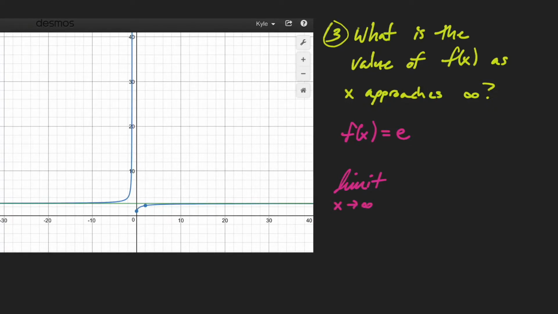This is the notation, saying the limit as x approaches infinity. And here you just write in your function. You could write that as f of x, or you can include the function, which would be 1 plus 1 over x, all raised to the value of x.